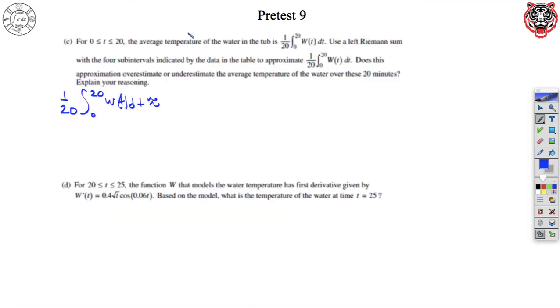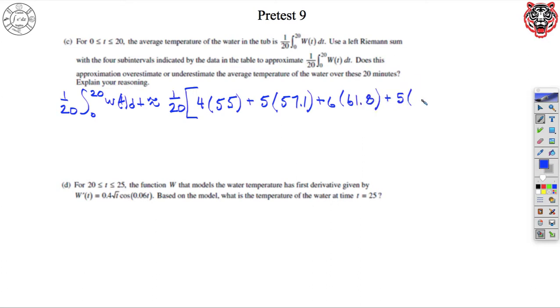So 1 over 20 times the quantity of 4 times 55, plus 5 times 57.1, plus 6 times 61.8, and then finally plus 5 times 67.9.